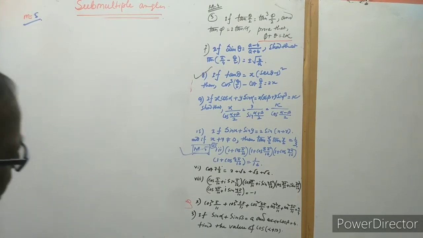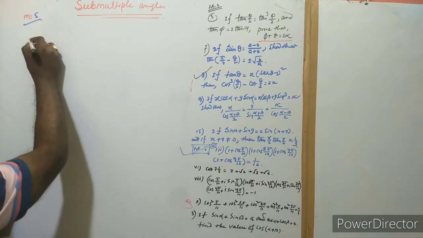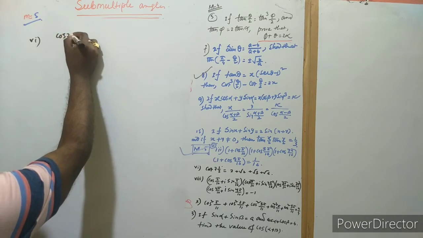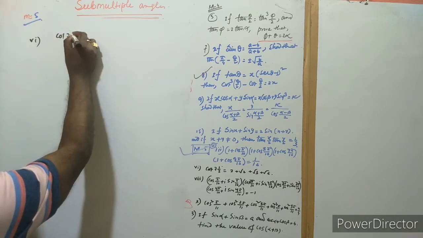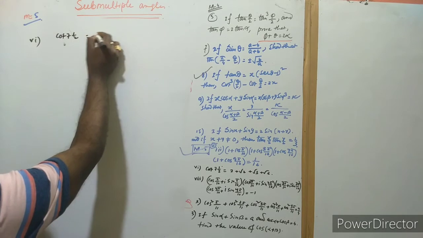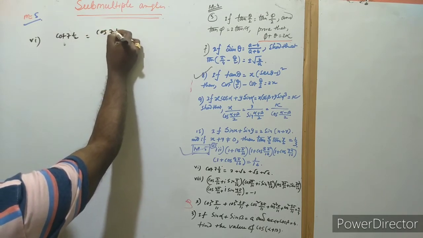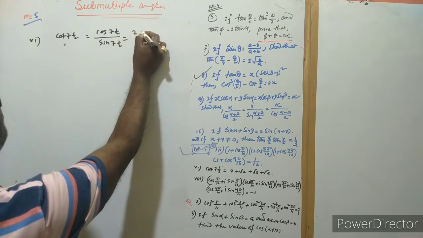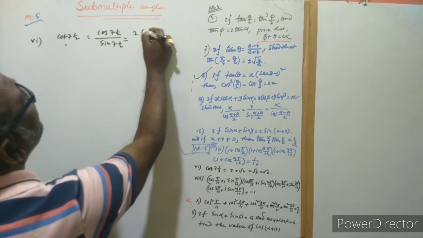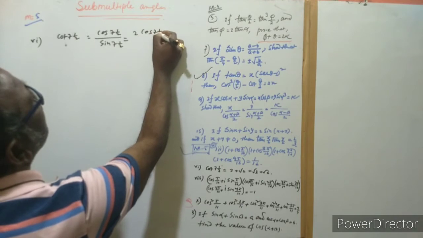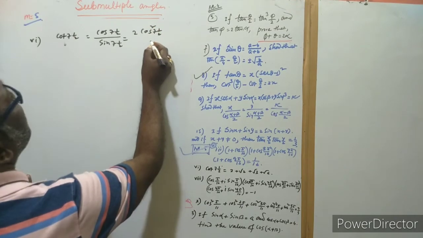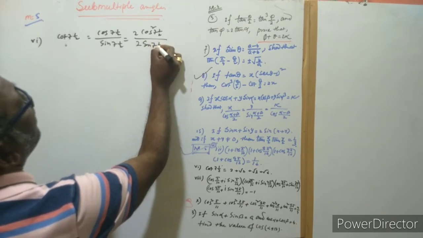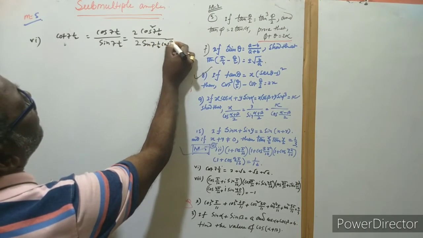And that is your question number 6. This is cot 7.5, that is cos 7.5 by sine 7.5, multiplied by 2 on numerator and denominator. So this is 2 cos square 7.5 by 2 sine 7.5 cos 7.5.